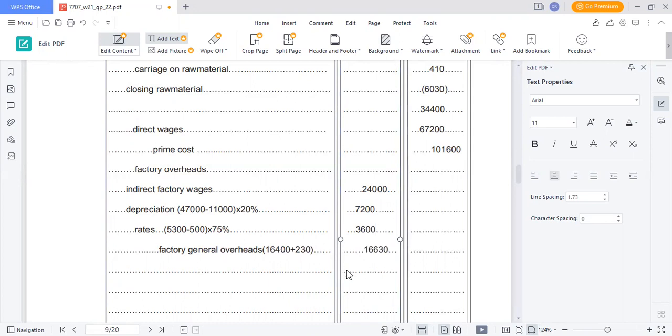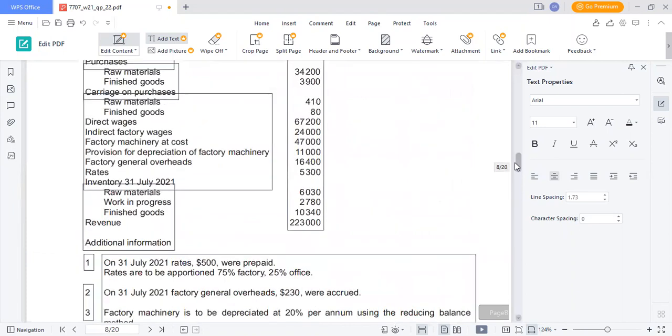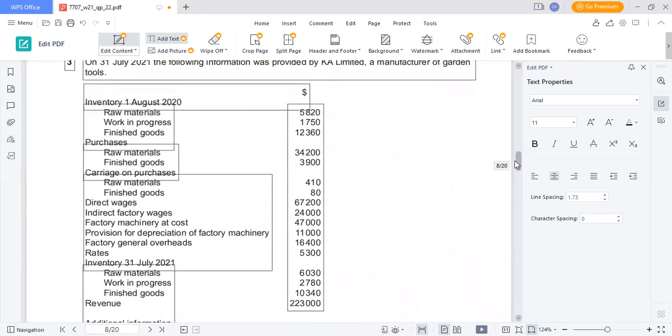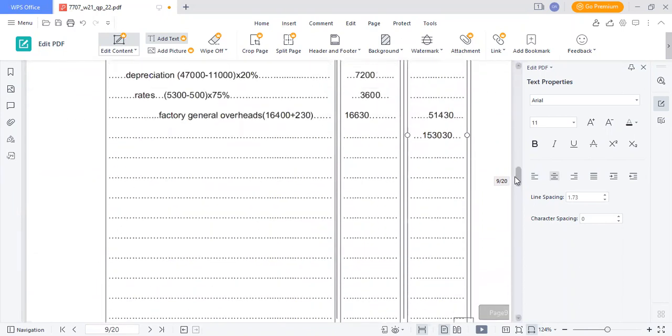So the total will be 51,430. It will be added to 101,600. That will be 153,030. Then we'll be needing work in progress, opening and closing.